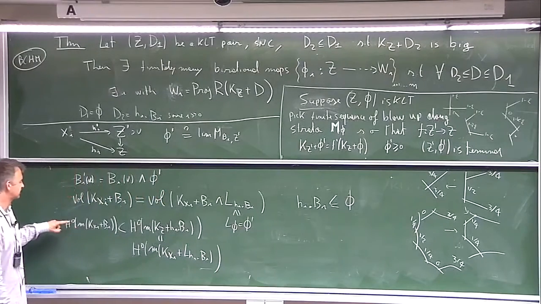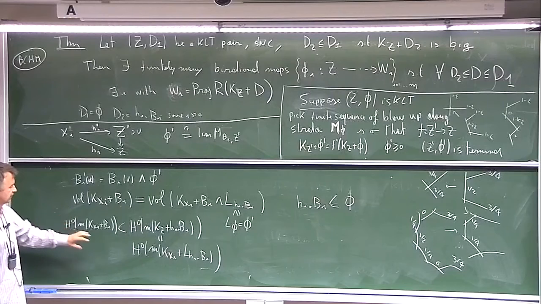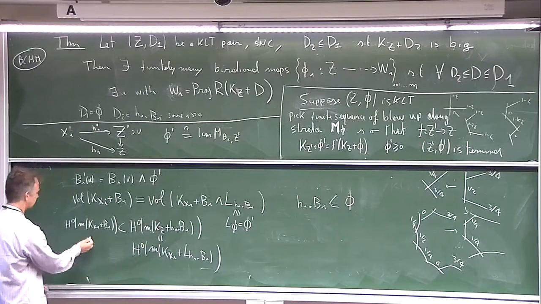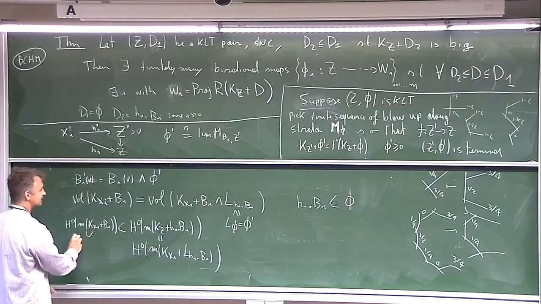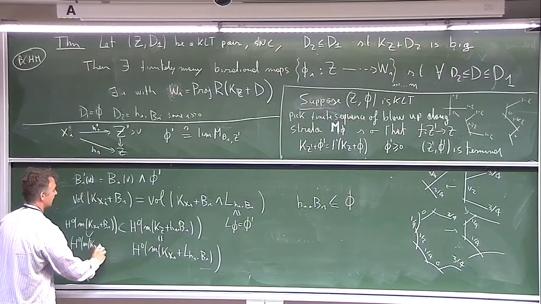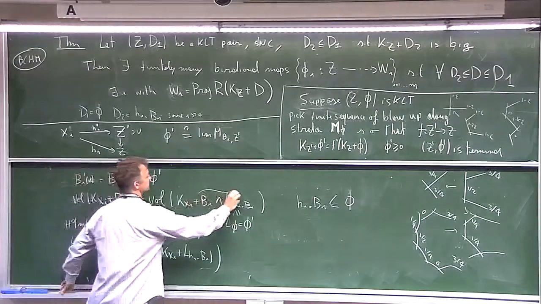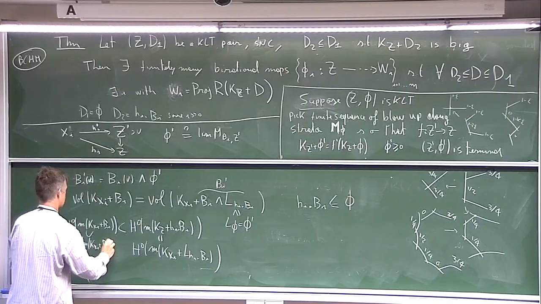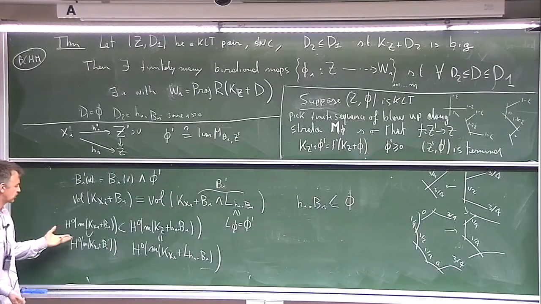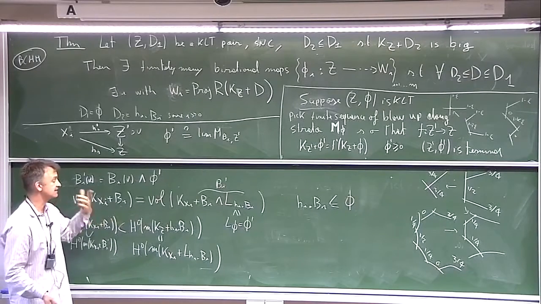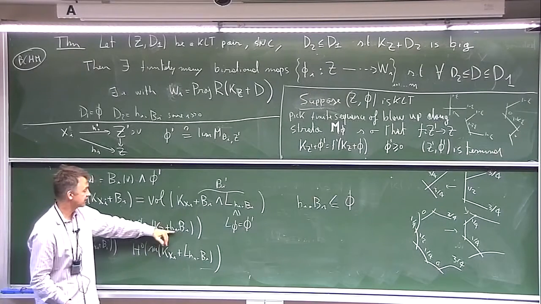So this is telling me that inside of this guy, I have this, okay, so this contains H0 of m K_Xi plus b_i prime. So when I read this, what do I say? Well, the sections in here are naturally in here, and hence naturally vanish on the difference between these two guys.